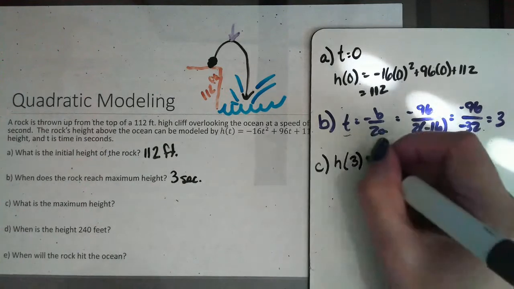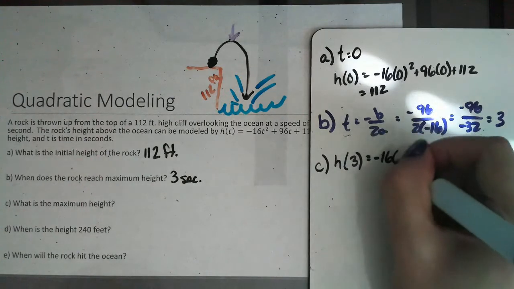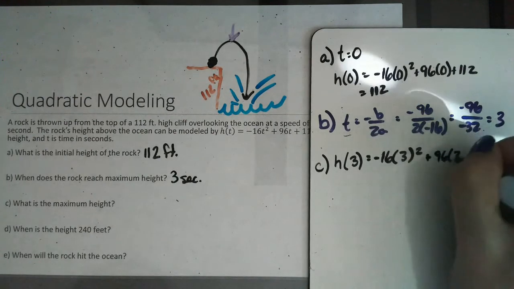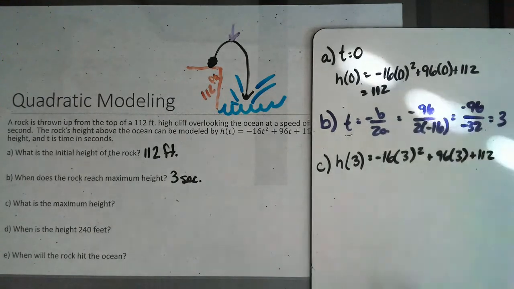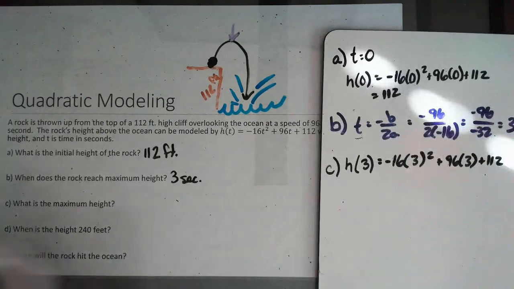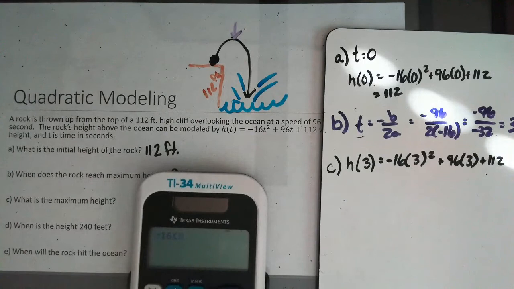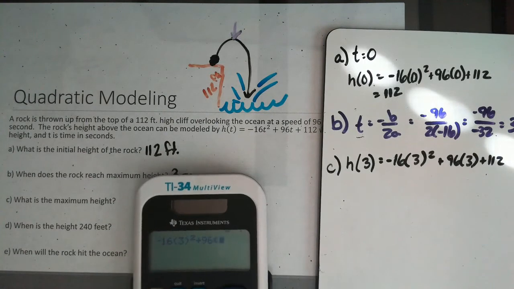So the height after 3 seconds is equal to negative 16 times 3 squared plus 96 times 3 plus 112. Using my handy dandy calculator, we have 256.